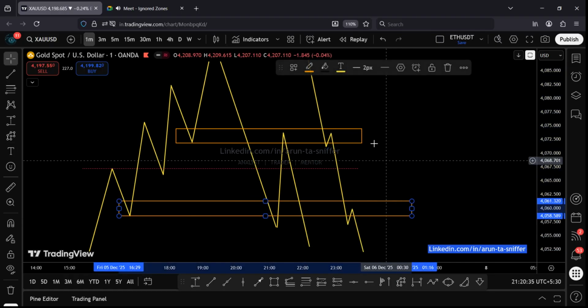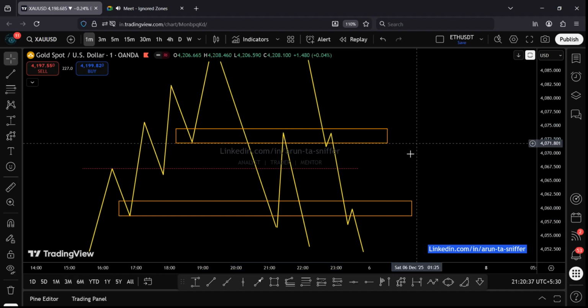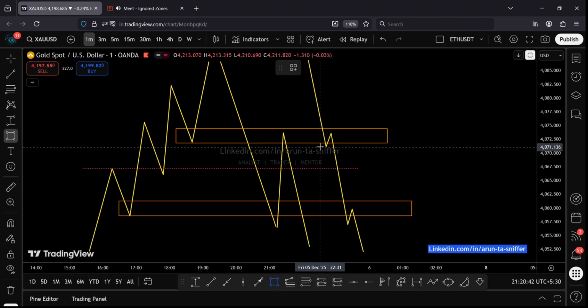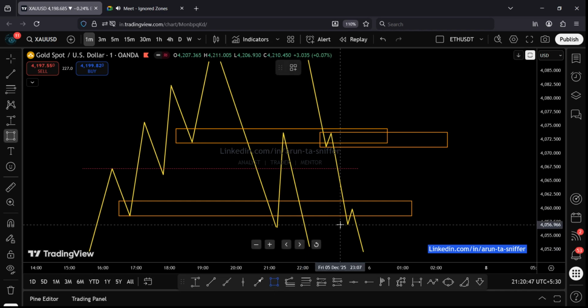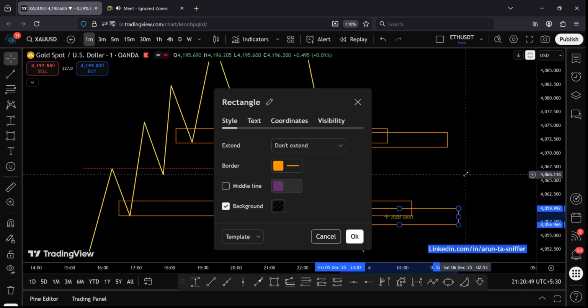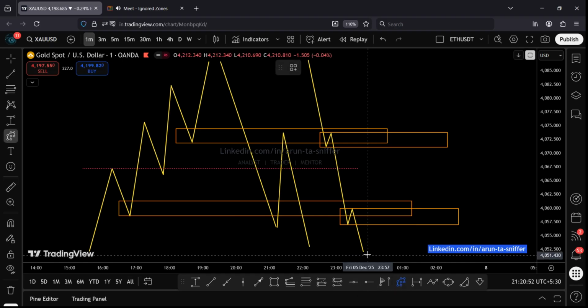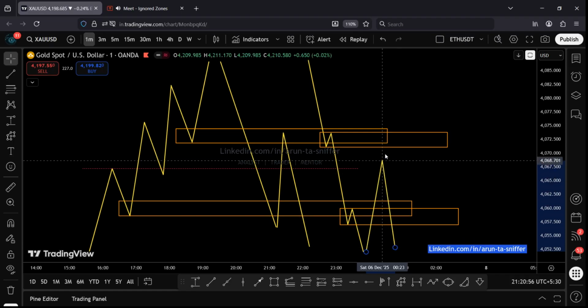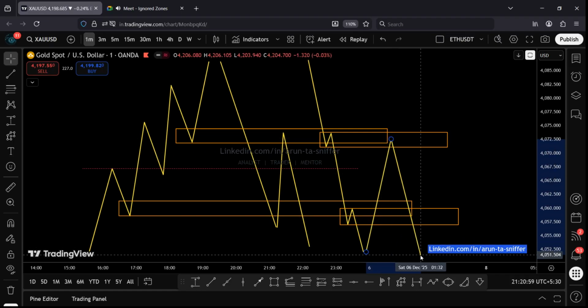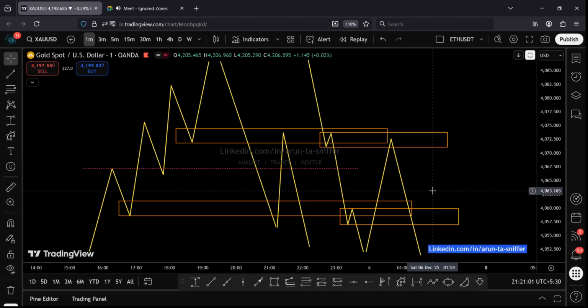In this case, new zones are created like this. So these are tradable, or price may go back up here and then we can trade. So this is how ignored zones are created in the drive structure.